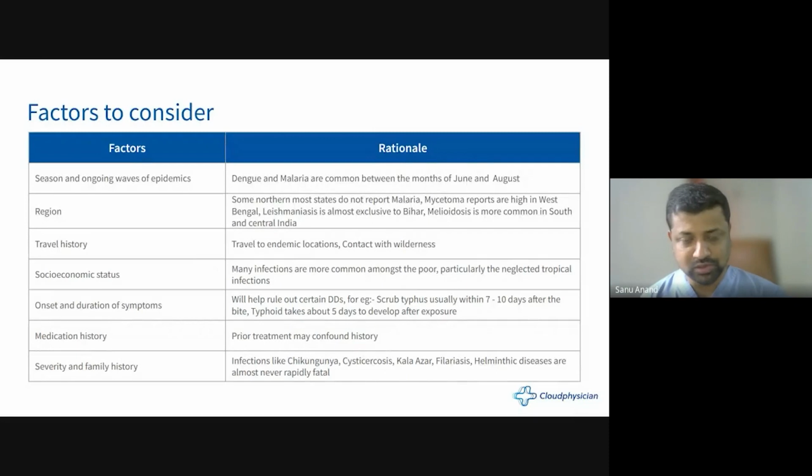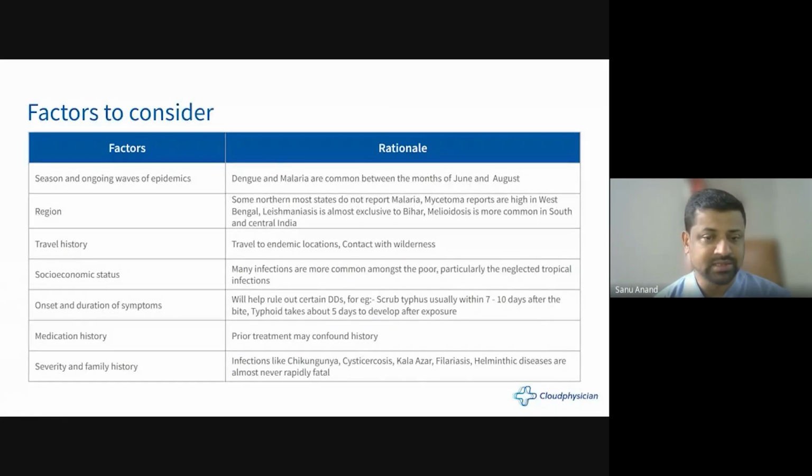And sometimes, even cases like malaria and dengue are uncommon in some states of the country, and you might actually find some travel history amongst people who have traveled to these states. And onset and duration of symptoms is not always useful, but sometimes it does help us rule out certain things.